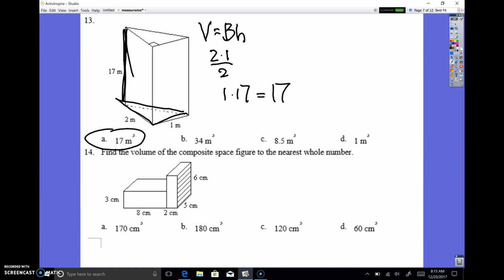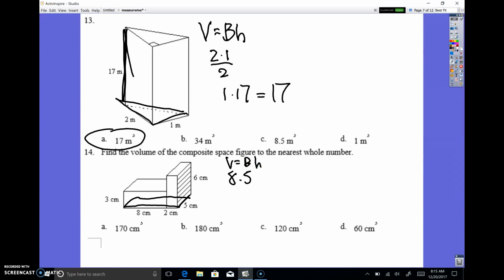Okay, the next part, we have two shapes. We have two rectangular prisms. The first one is 8 times 5 for the base. We're still using the same formula.